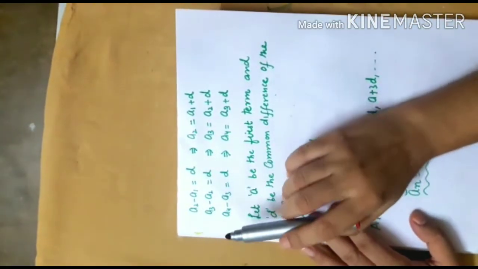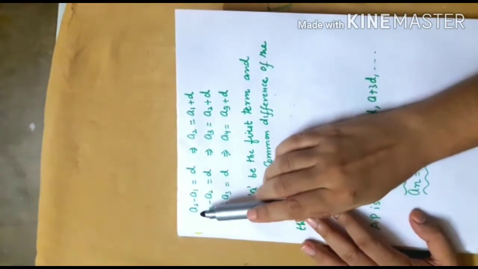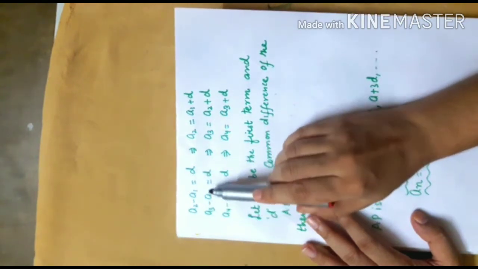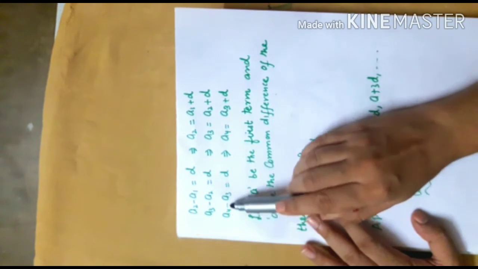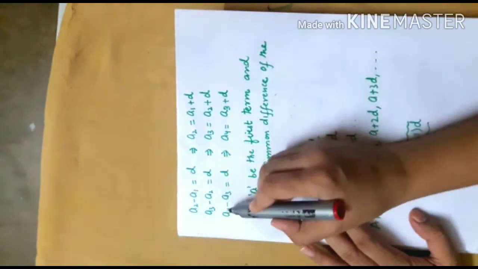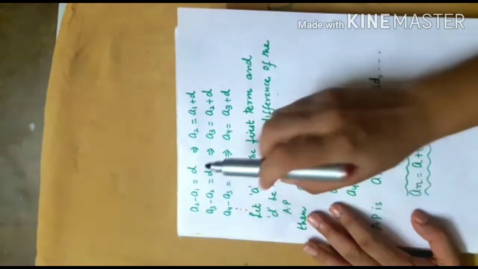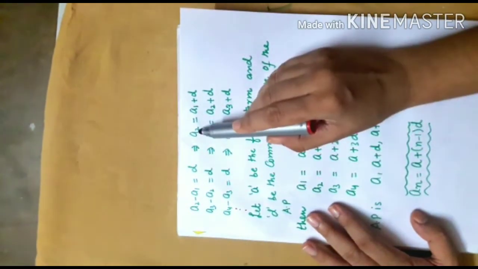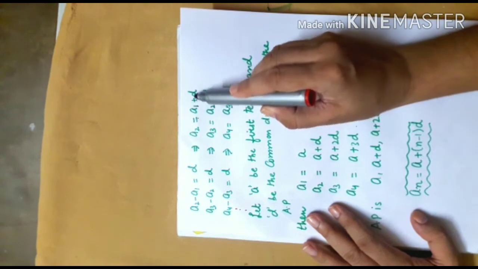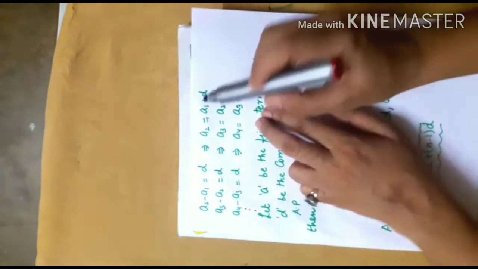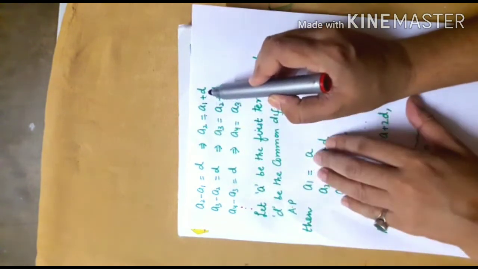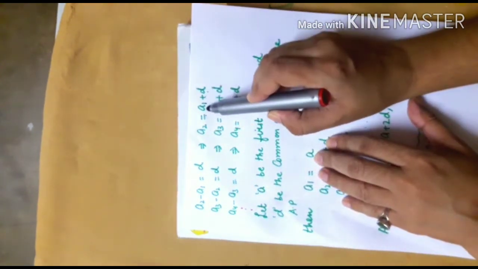In an AP we have learnt that A2 minus A1 is equal to D, A3 minus A2 is D, A4 minus A3 will also be equal to D and so on. A2 minus A1 equals D implies A2 is equal to A1 plus D. That is, the second term is obtained by adding the common difference to the first term.